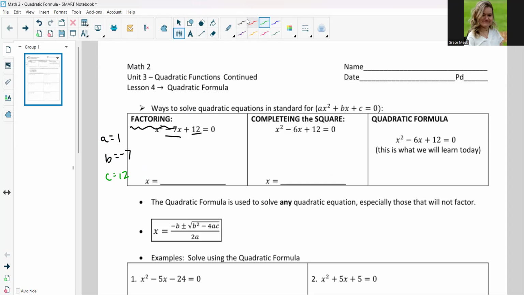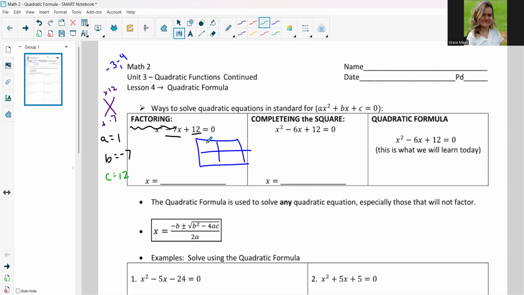In order to factor this, we want to find two numbers that multiply to 12 but add to -7. When I think about my factors of 12, I think of 3 and 4. And that works because if I make this negative and this negative, it multiplies to positive 12 but adds to -7. So when I go to factor this, you can use an area model.